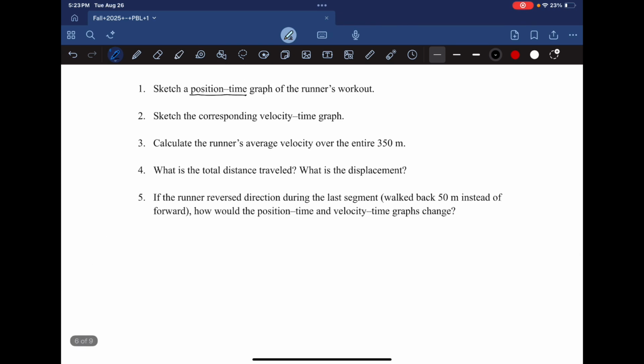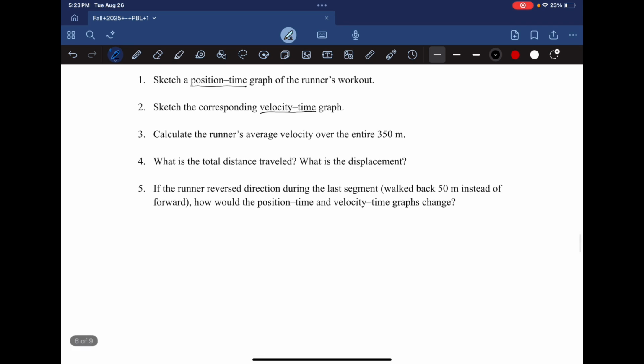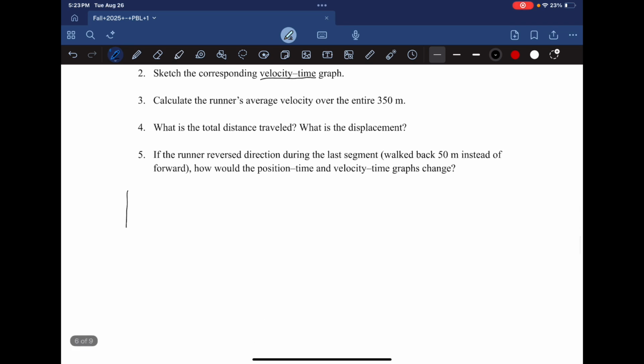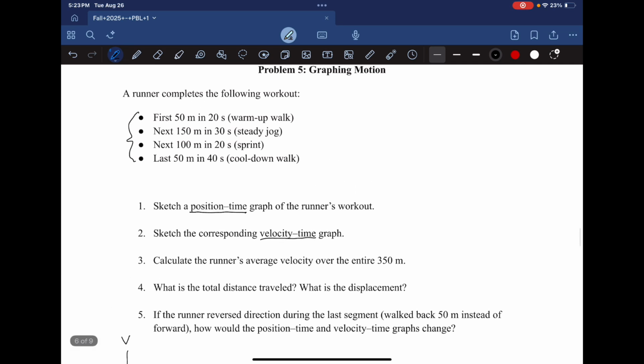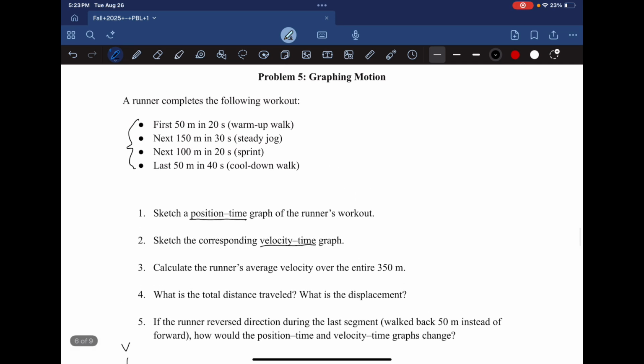Okay, so for question 2, we want to sketch the velocity versus time graph. Since it's velocity versus time, we're going to put time on the x-axis and velocity v on the y-axis. For velocity, we're also going to have to calculate it.